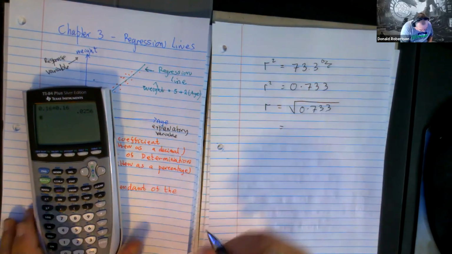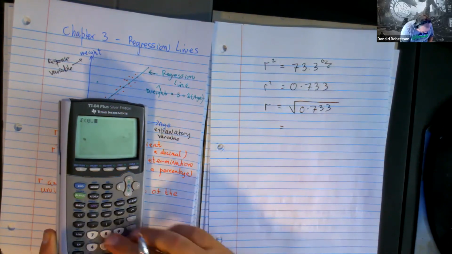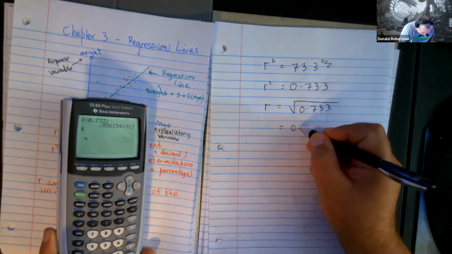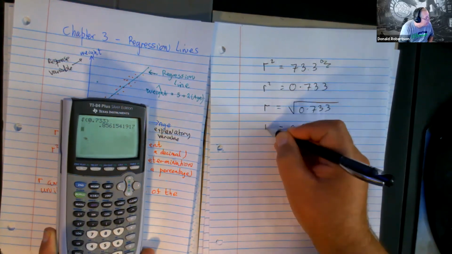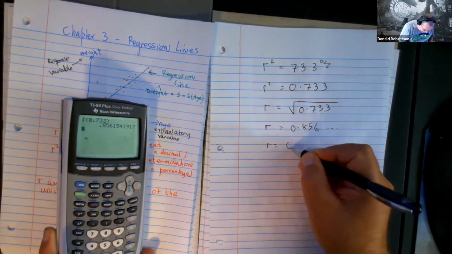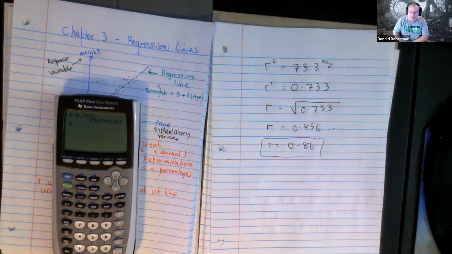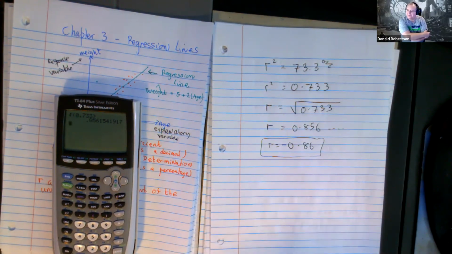And the calculator comes into play, and the square root of 0.733 ends up being 0.856 and a whole load of other stuff. And they want the answer to 2 decimal places, so I'm rounding it off to that guy. And then I said, wait a minute, wasn't it negative? Remember I said, hold that thought?